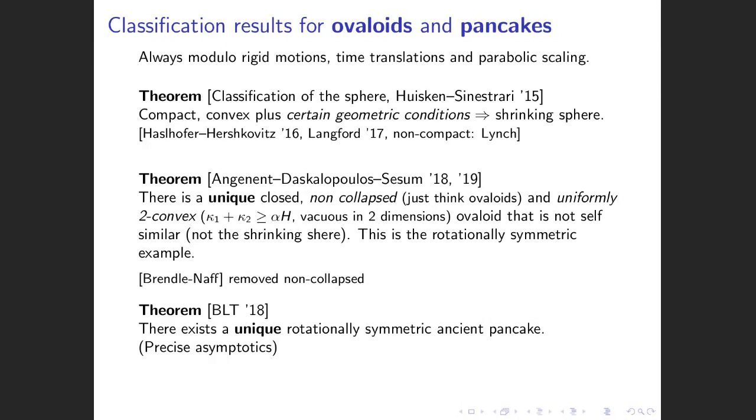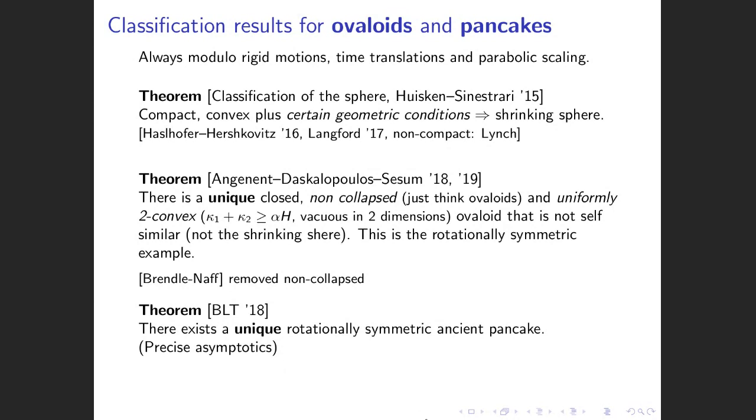Okay, and for the pancakes, we have shown that if you assume rotational symmetry, then there's only one rotationally symmetric ancient pancake. And again, as Angenent, Daskalopoulos, and Sesum did, it was a product of being able to have precise asymptotics for the solution.